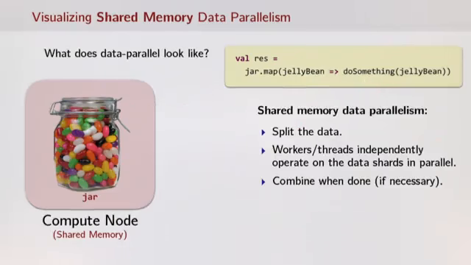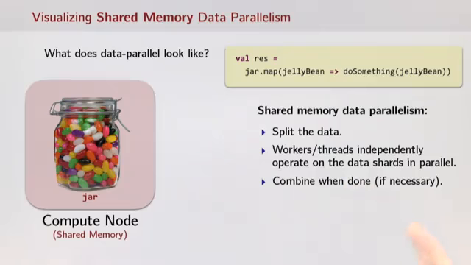Now, in the shared memory case, we can have this API, but under the hood, what parallel collections will do, if we use parallel collections in Scala, is it will somehow split up the data. There's some way to make chunks of the data, and then to have some kind of task or worker or some kind of thread abstraction, something that does processing on these individual data shards in parallel.